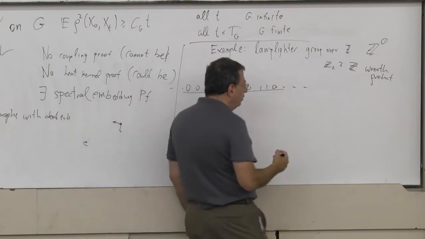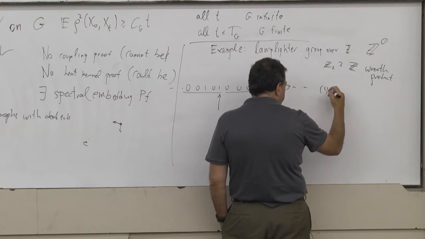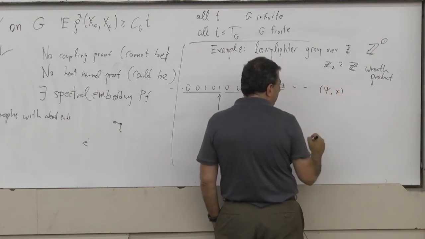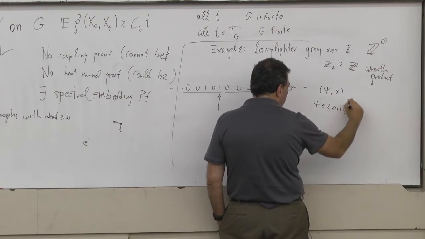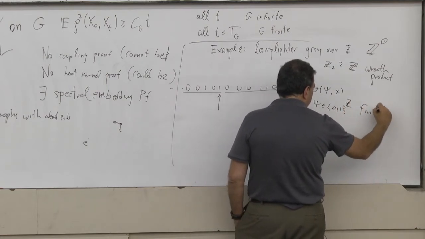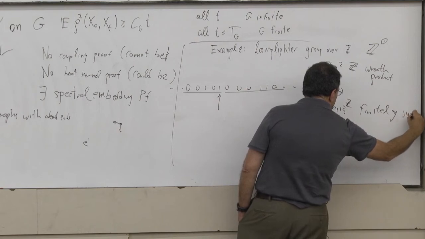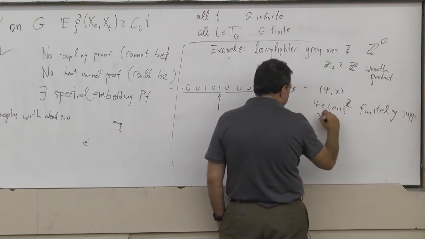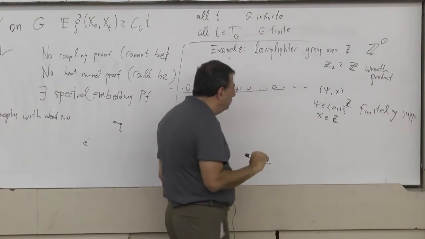Formally, an element of the group is a pair (psi, x), where psi is in {0,1}^Z, but finitely supported. That's the lamp configuration, and x is some element of Z. This is an element of the group.